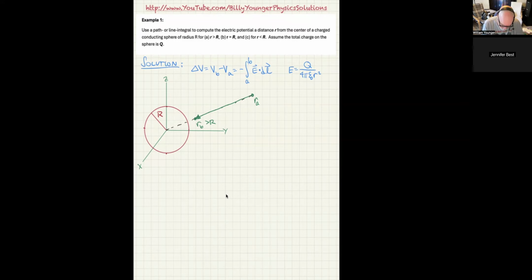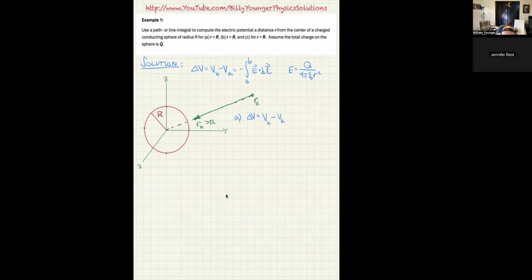So we're going to attempt to do this integral, and we're going to attempt to do it first for part A. So let me say part A is going to be, we're going delta V is equal to VB, which is the final position, minus VA, which is the initial position.